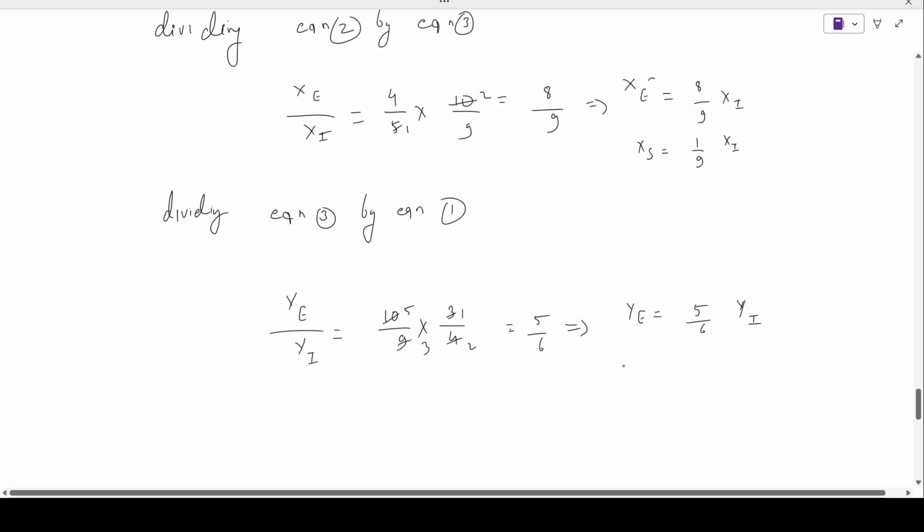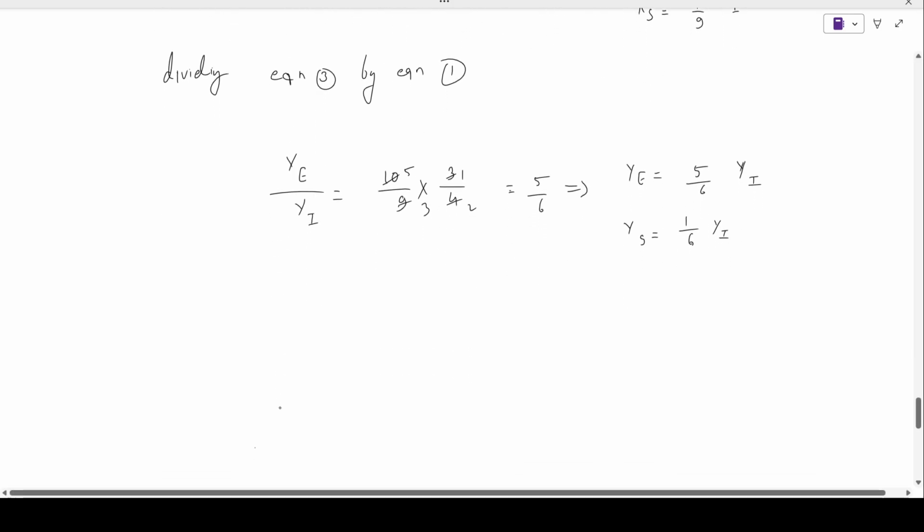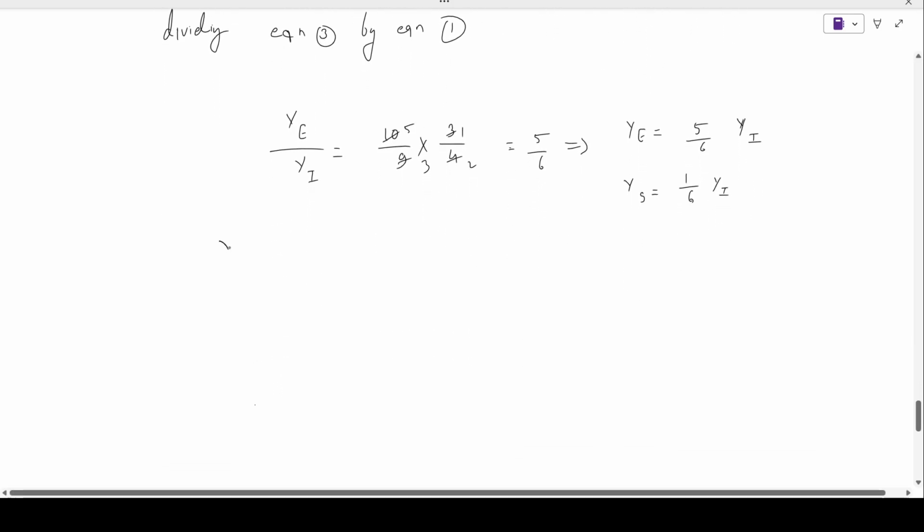That means the saving for Y will be the remaining part, that is 1 by 6 of Y's income. We have to find the ratio of X's saving to Y's saving.